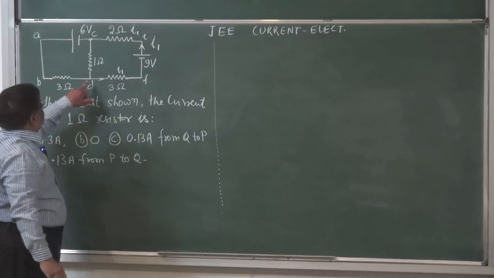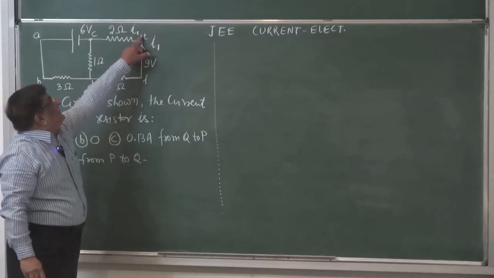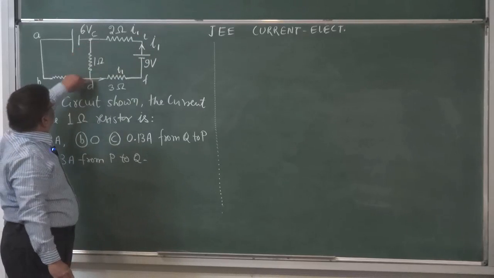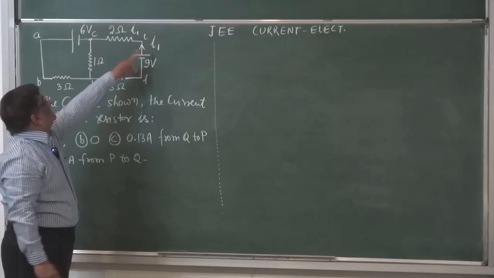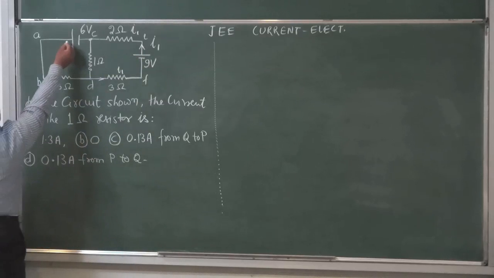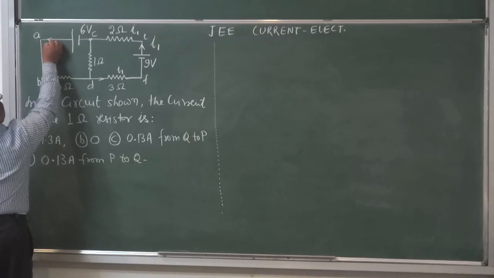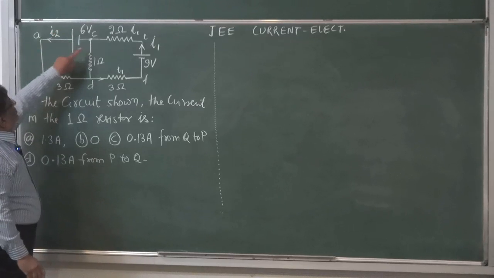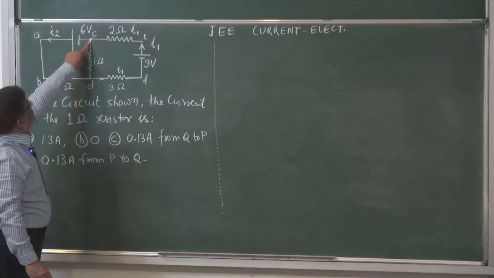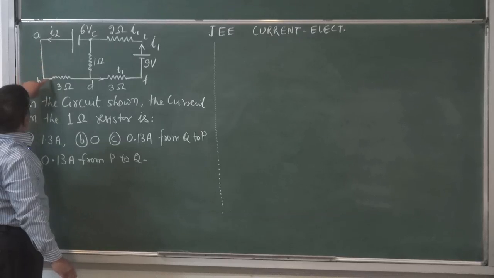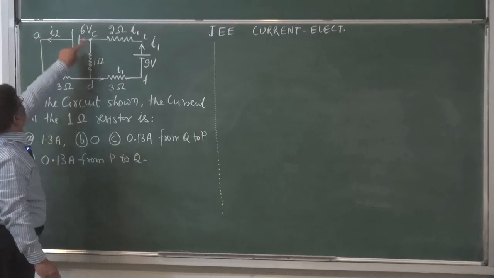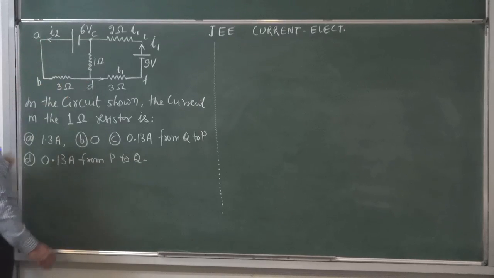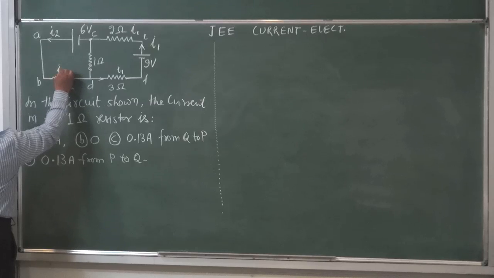So D, F, E, C, this is one branch, current is I1. Now from here I take the current I2. The range of I2 starts from the previous junction and goes to the next junction, so this complete branch is I2.